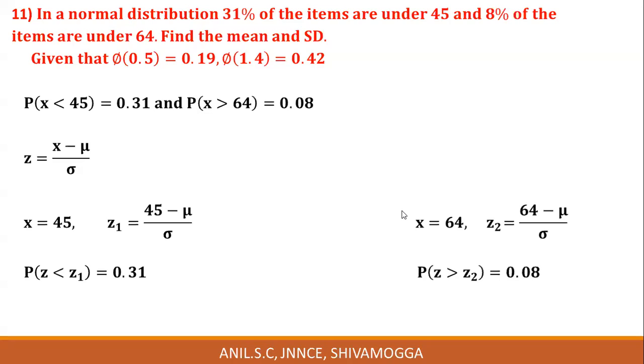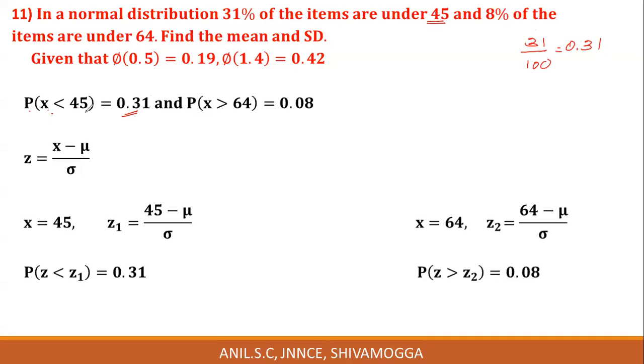Let's write the first statement mathematically. In a normal distribution, 31% of the items are under 45. Therefore, the probability of an item under 45 is 31%, which means 31 divided by 100, equal to 0.31.